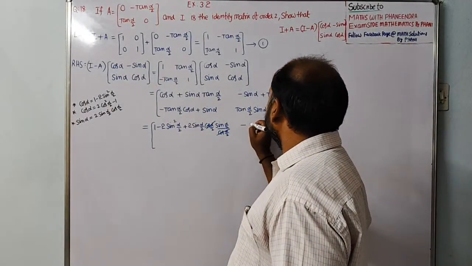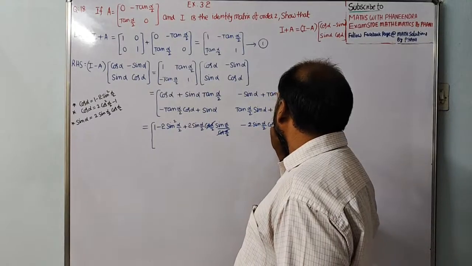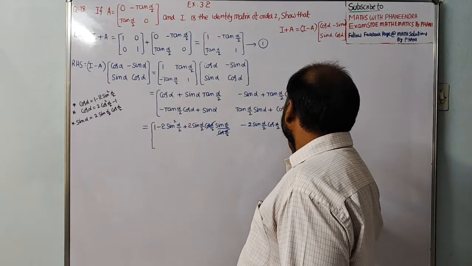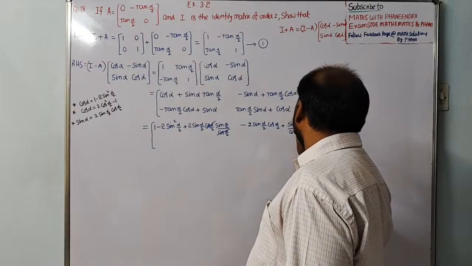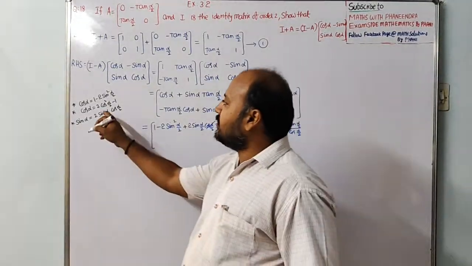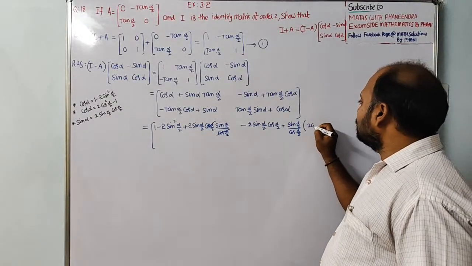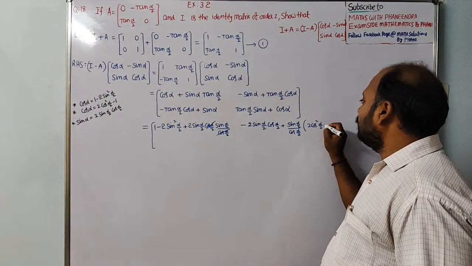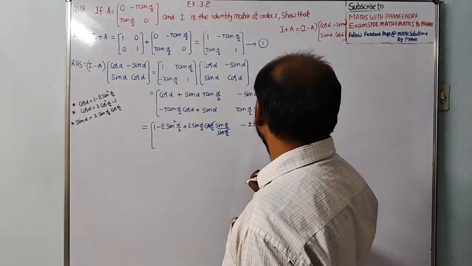Next, minus 2 sin alpha by 2 cos alpha by 2 plus sin alpha by 2 by cos alpha by 2. Here, cos alpha in terms of cos, I want to write it as 2 cos square alpha by 2 minus 1. Okay, dear students.